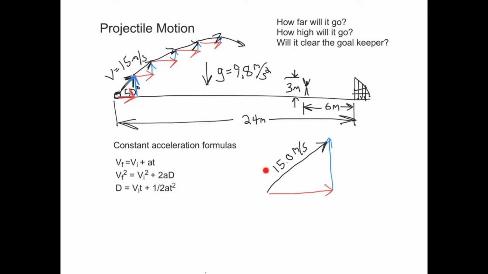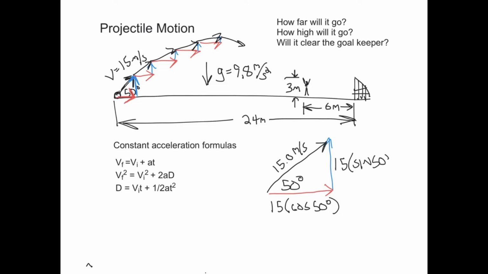So we want to break the 15 meter per second velocity into x and y components using the 50-degree angle. And so we're going to need to use sine and cosine. The x component is going to be 15 cosine of 50 degrees. And anytime you have a cosine component, you're going to have a sine component.